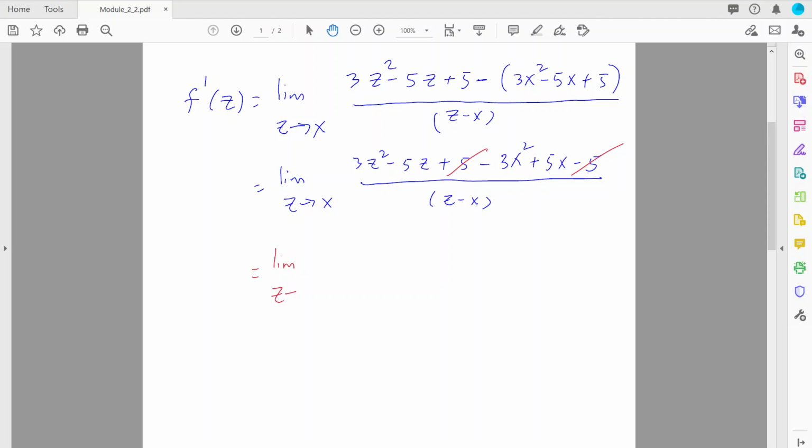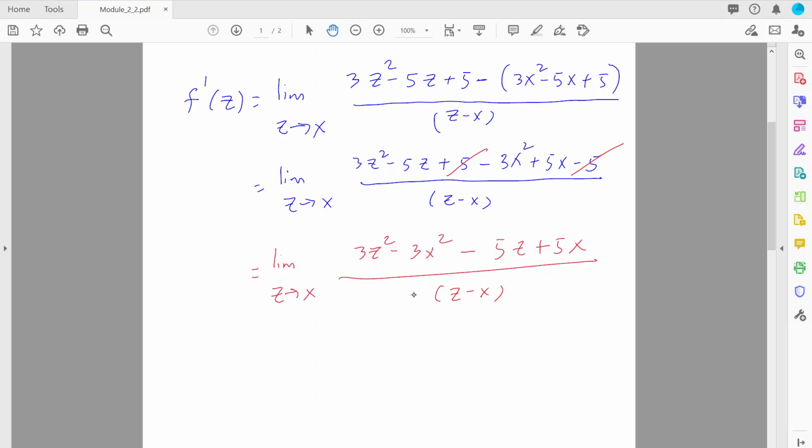Limit z approaches x, we can just use these two terms, 3z squared minus 3x squared, and these two terms, negative 5z positive 5x, and we try to factor z minus x if it's possible.